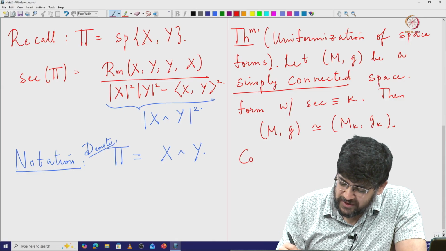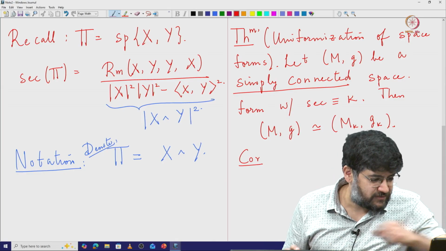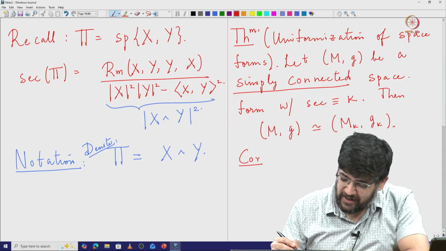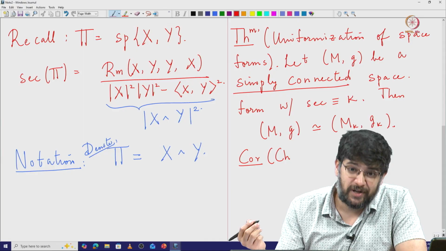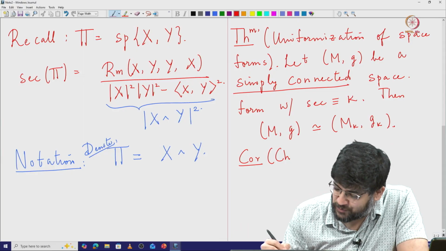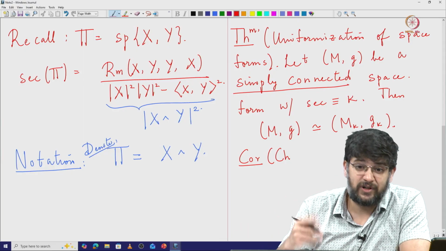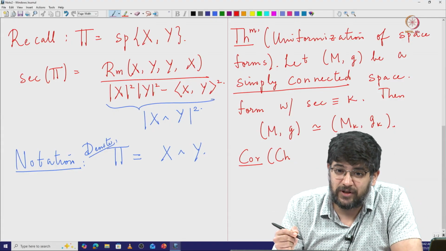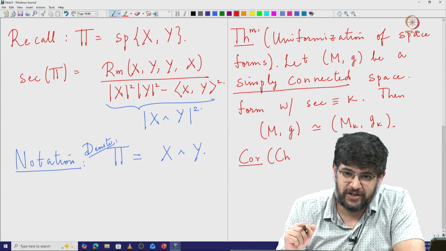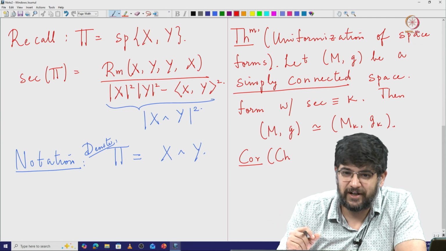I want to state an immediate corollary which I will prove also right away. So this is the characterization. You might wonder what happens if it is not simply connected, right. There might be space forms which are not simply connected. For instance, you can think of the flat torus, right, that has 0 curvature, but it is clearly not simply connected.